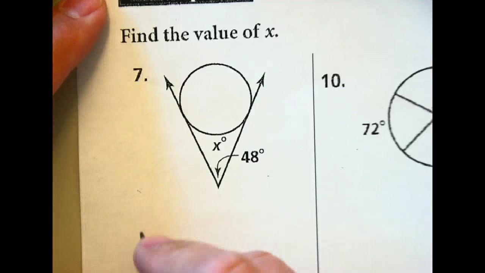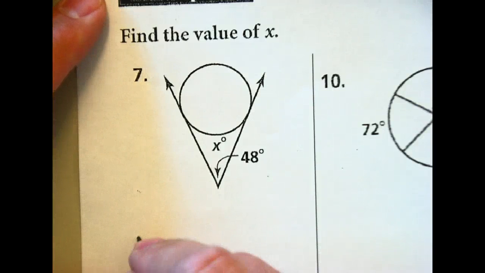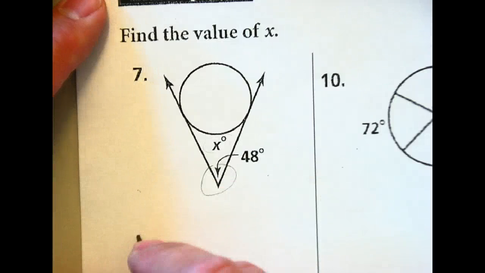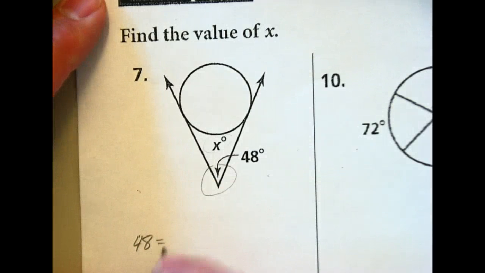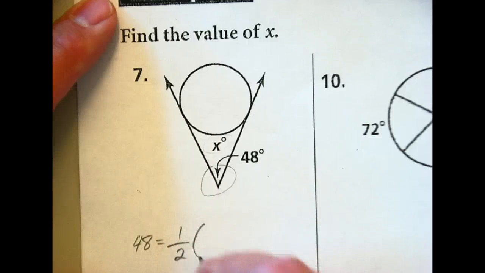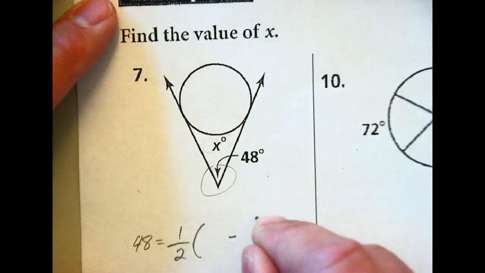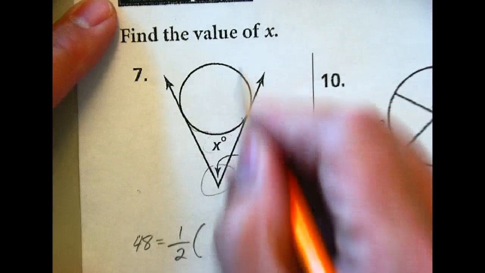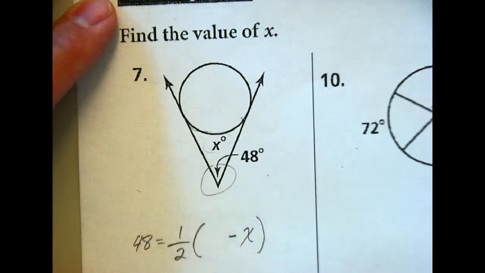So our given angle, 48, is equal to 1/2. We know we're subtracting, right? Our 2 arcs, this arc and this arc. So the bigger arc minus the smaller. So the smaller is x.